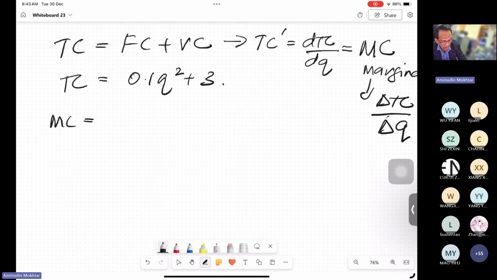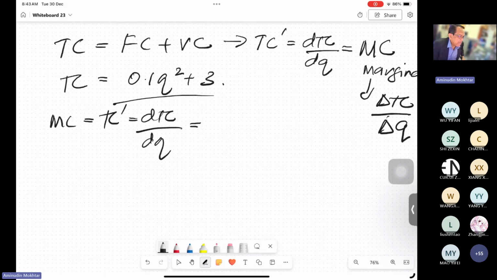In order to find the marginal cost, we need to take the first derivative of TC, or dTC/dQ. TC equals 0.1Q squared plus 3, so the first derivative is equal to 0.2Q. That is the marginal cost based on the first derivative of TC.